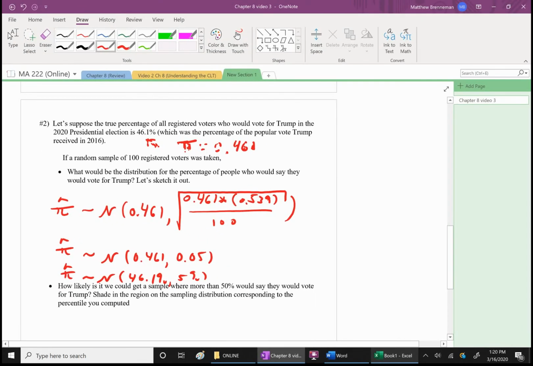We did calculations way back in chapter 7 with normal distributions. So if we sketch this out, this is my 46.1. I step out in units of 1 standard deviation, so it's 5%, and this is 51.1, 56.1, 61.1, 41.1, 36.1, 31.1.